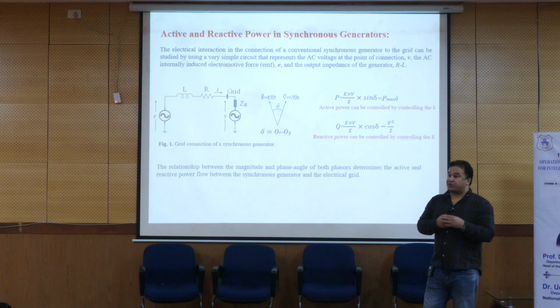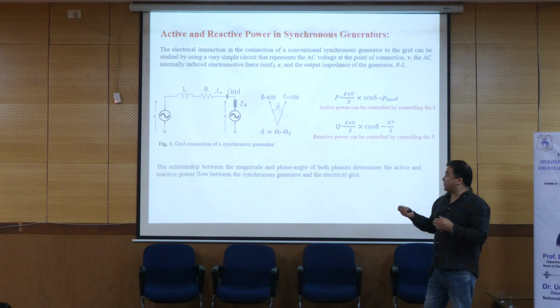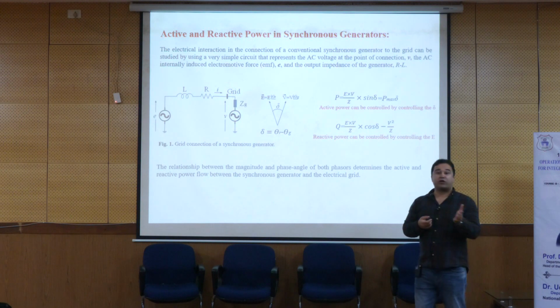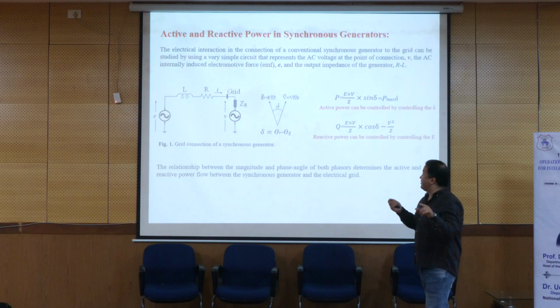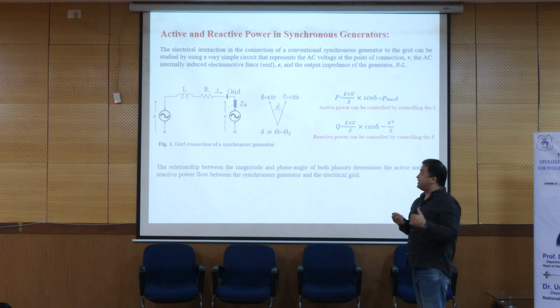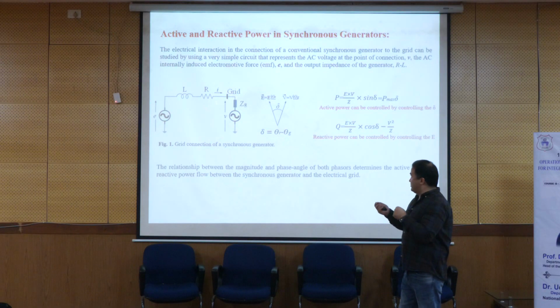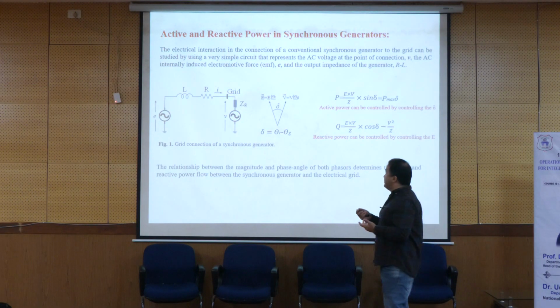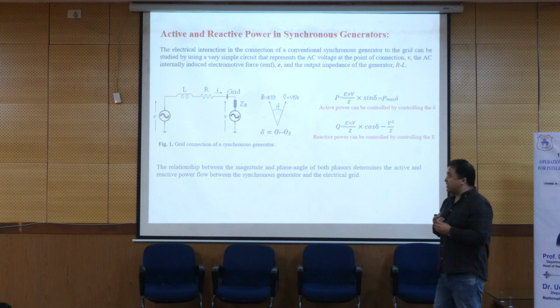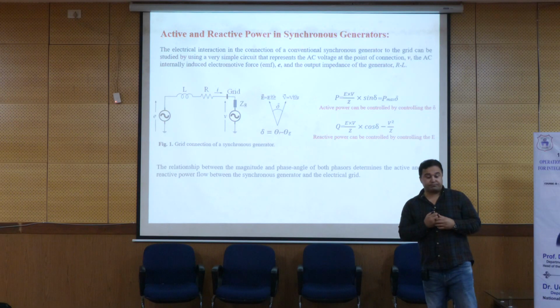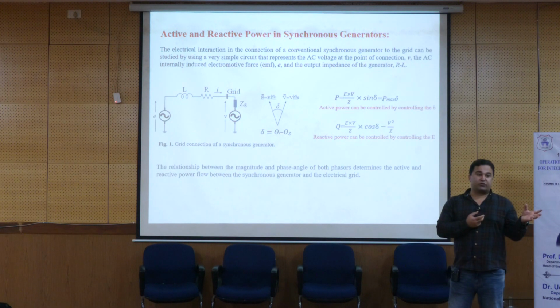And we can easily see the current injected from E to V is equal to E minus V, but we consider the phasor, so E with the angle theta minus V with the angle theta, over Z, is I, and then the voltage can also be based on the voltage of the grid. So easily we can calculate the power that can be transferred from the generation to the consumption, or from the synchronous generator to the grid.